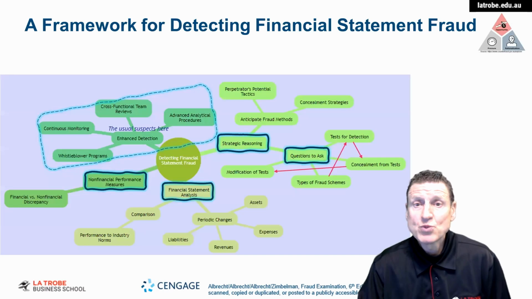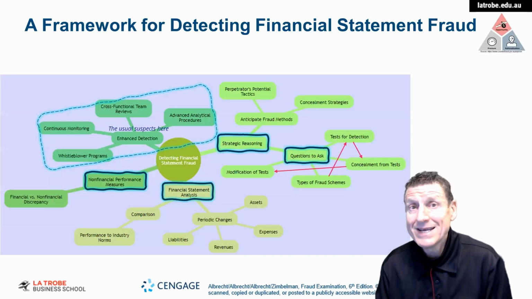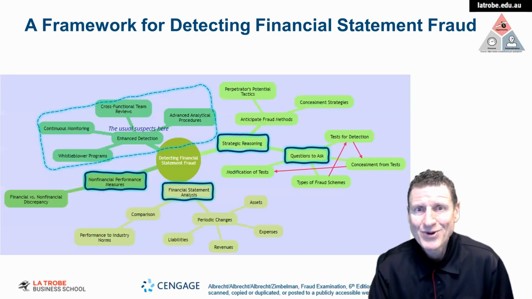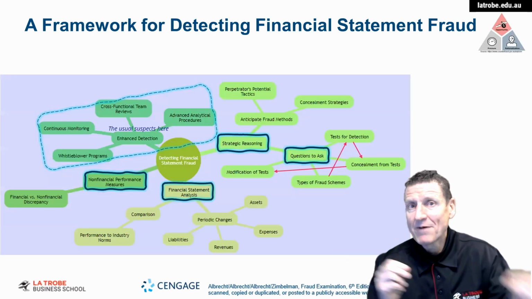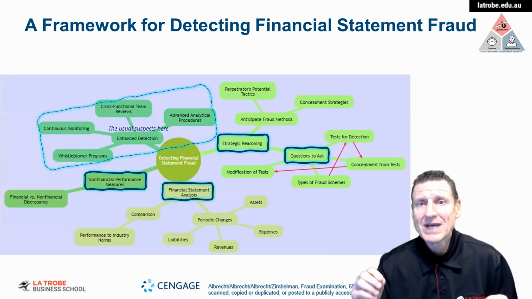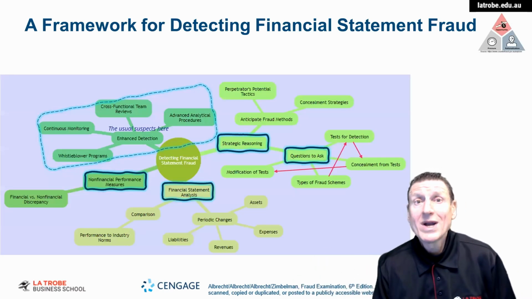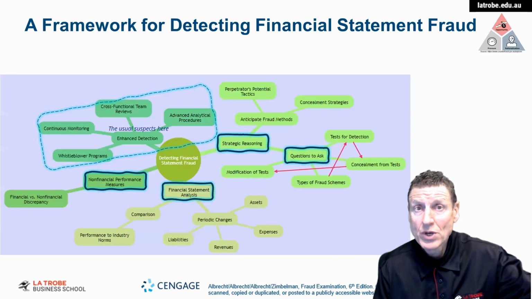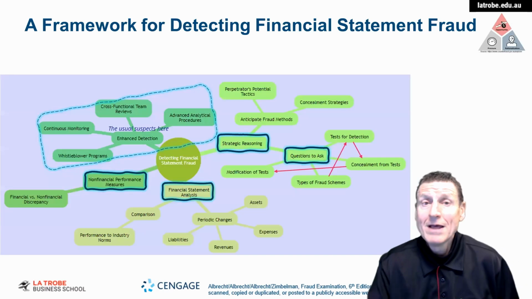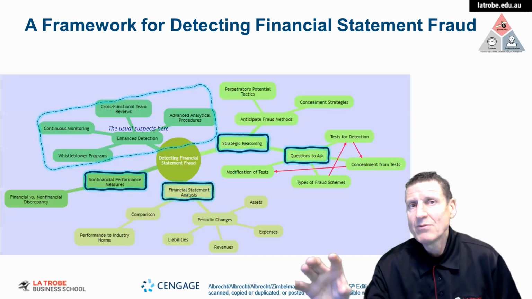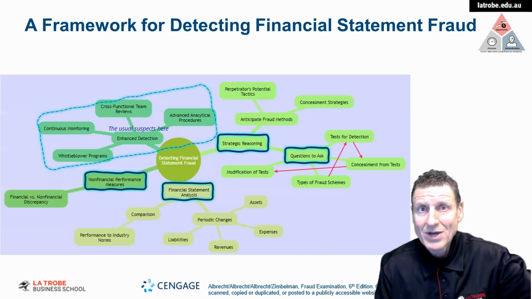And so this is where you, as an auditor, as a fraud investigator, need to go to the next degree and modify your tests. So this is a game of cat and mouse, right? You start with questioning, what is the likely test that you will go through to detect such scheme? And then you assume they will change this scheme because they will try and predict what tests you're going to undertake.